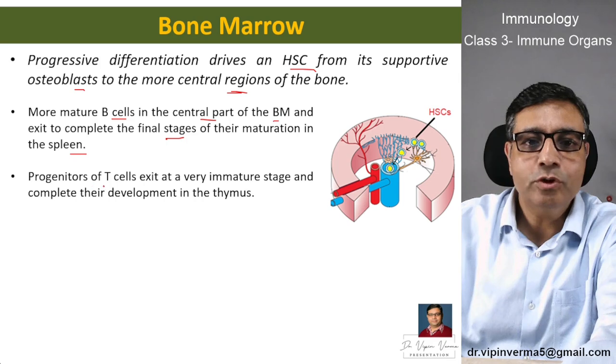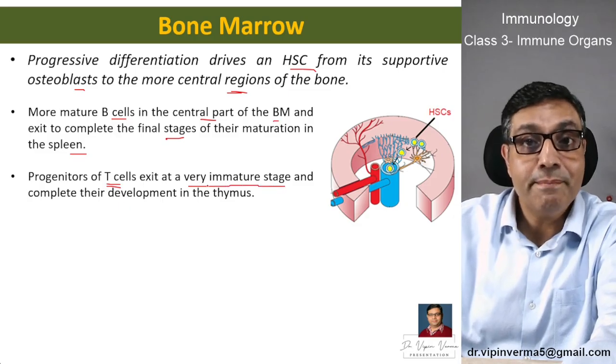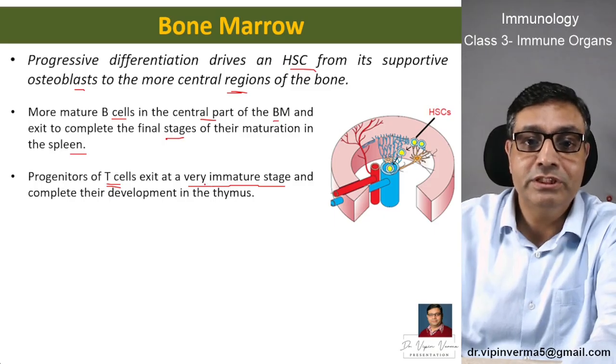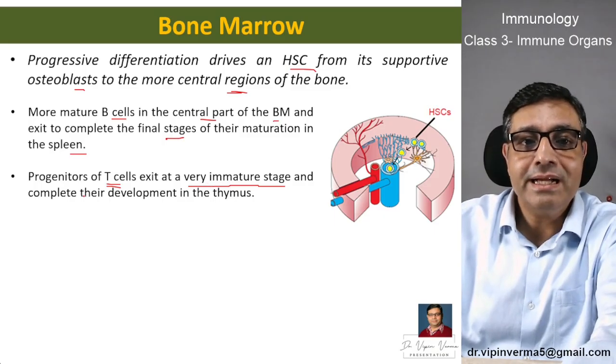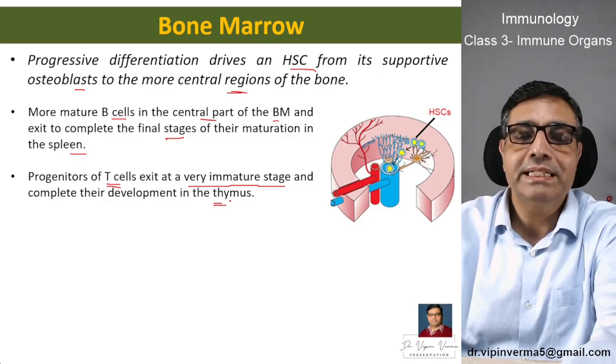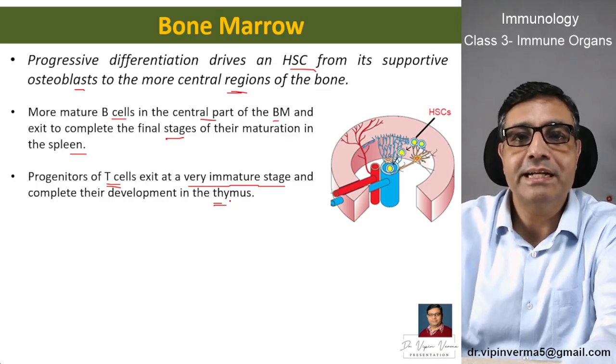While the T cell progenitors exit at a very immature stage, relatively much more immature than the B cells which go to the spleen, and they complete their development in the thymus. You know that the thymus is the primary lymphoid organ for T cells, the place where T cells get mature.